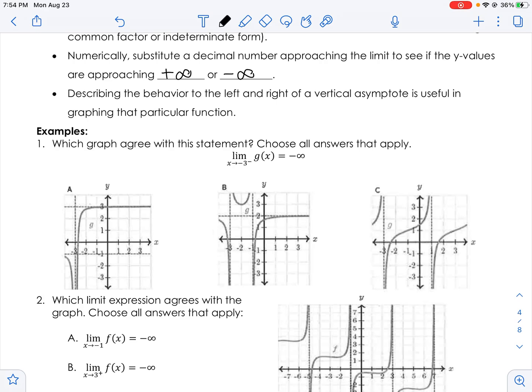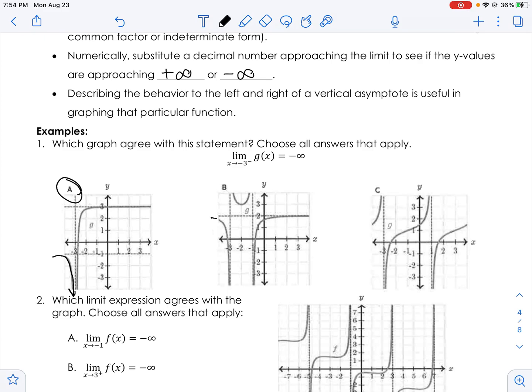So let's look at our first example. Which graph agrees with this statement? Choose all answers that apply. The limit as x approaches -3 from the left side of g of x equals negative infinity. Let's look at answer choice A. As I'm approaching -3 from the left side, my graph is going down towards negative infinity, so that one works.